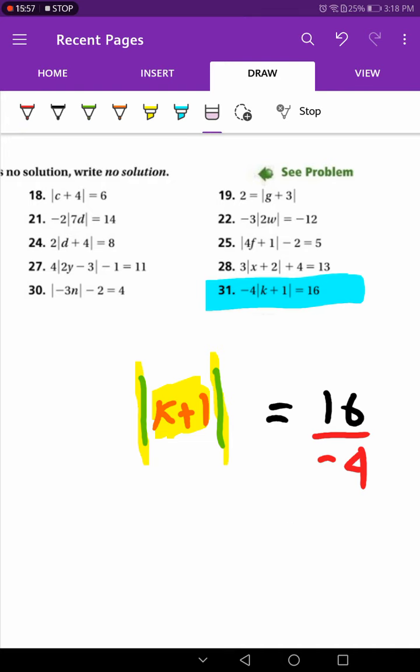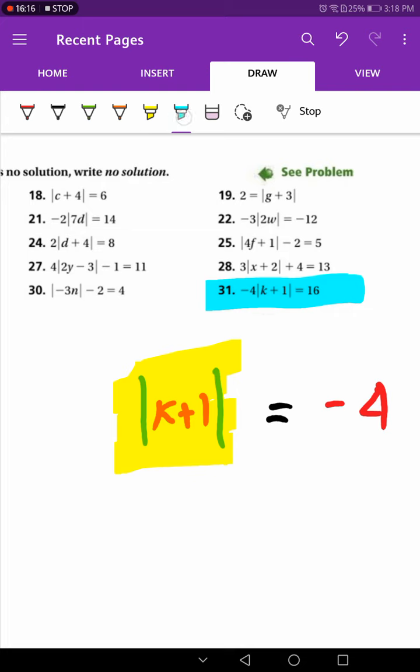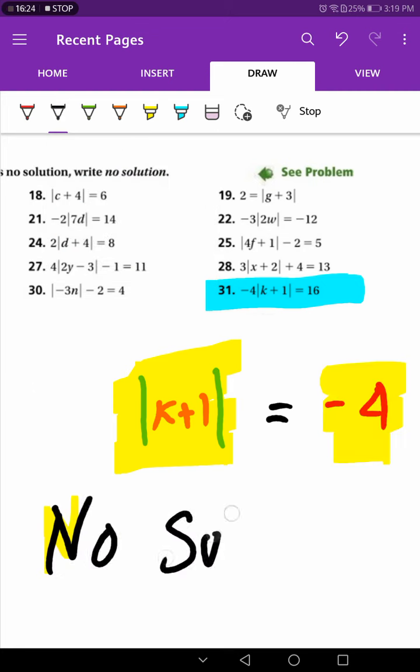But here, 16 divided by -4 equals -4. Yes? Good. Let me write it with the red color because it is dangerous. When you reach this situation, where the absolute value equals a negative number, directly say no solution.